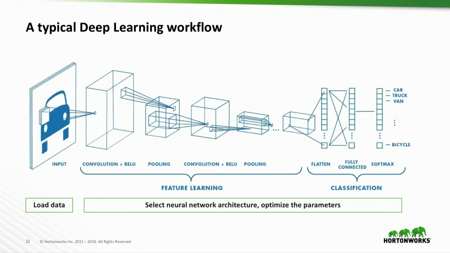So let's look at a typical deep learning workflow. It will take an image as the input and output a label that describes what's in it. In the original machine learning methods, we would use some hand-designed features and then put these features into softmax or other classification models.